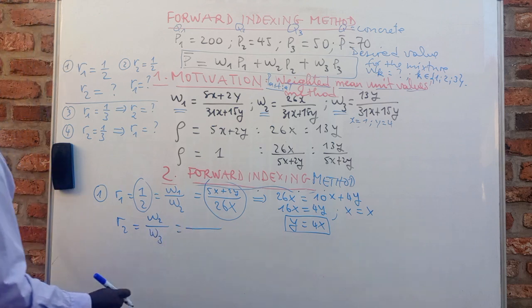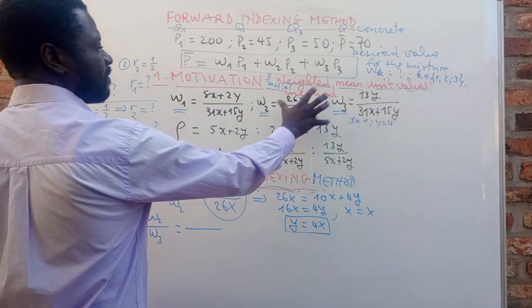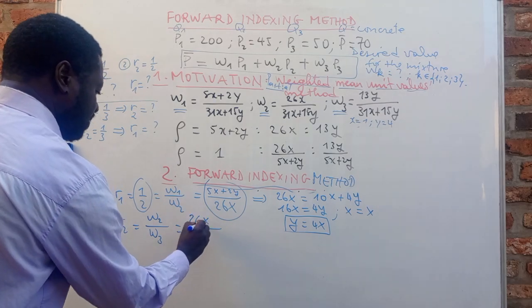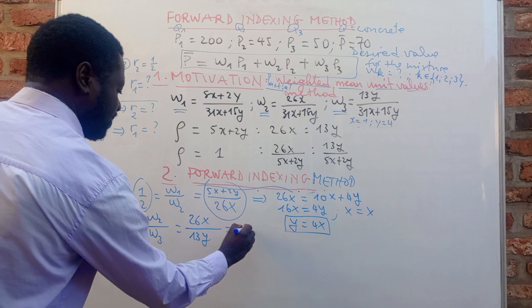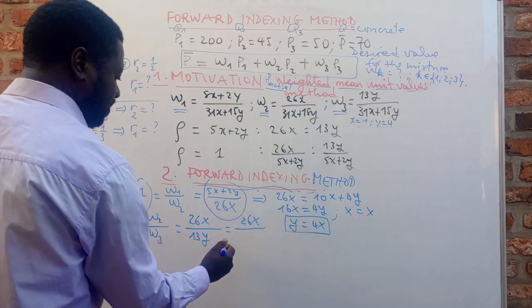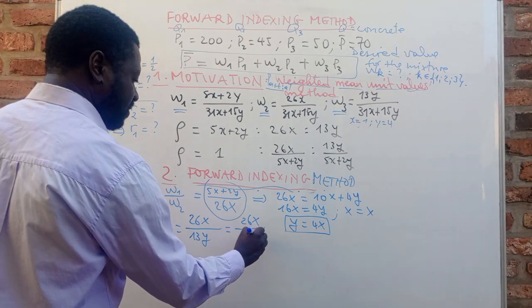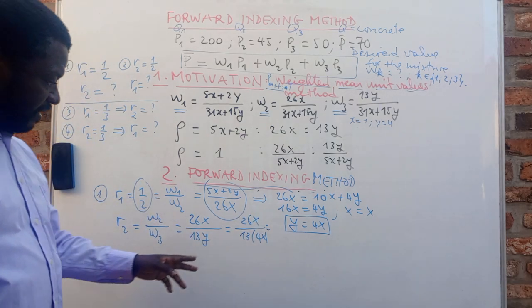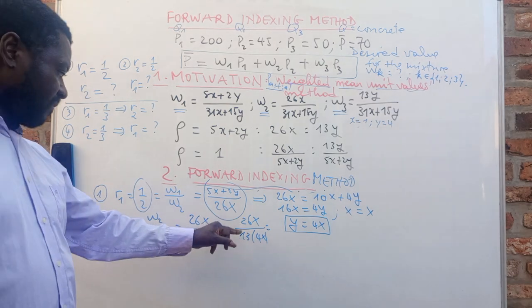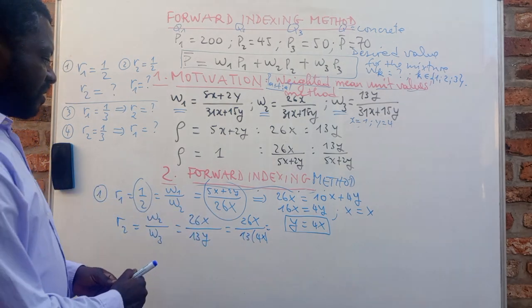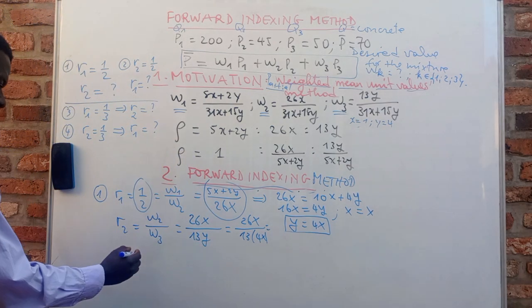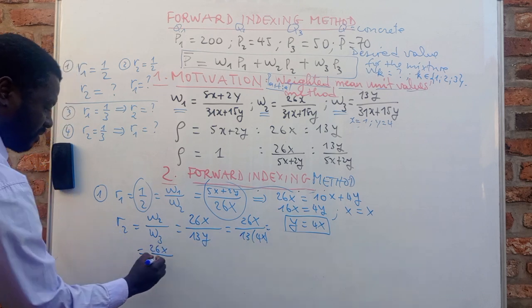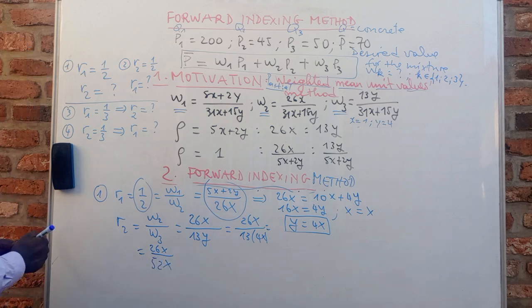So omega 2 divided by omega 3 is equal to 26x divided by 13y, and 13y is equal to 52x.